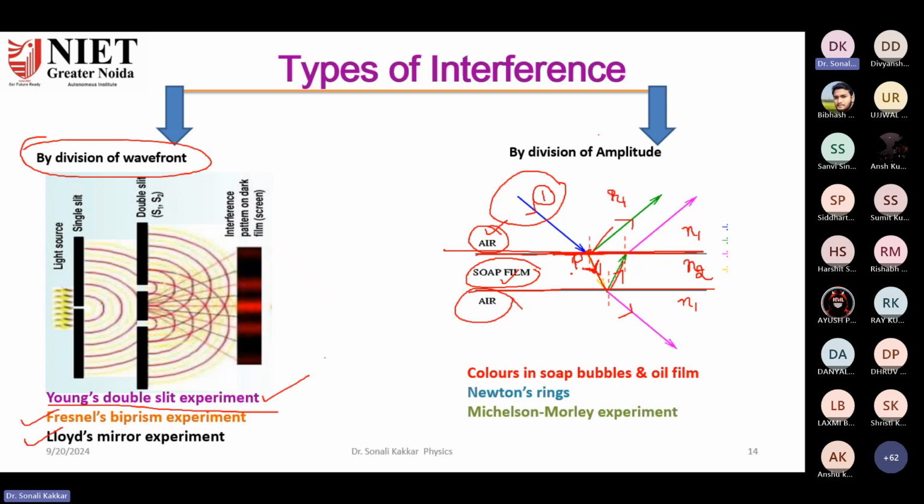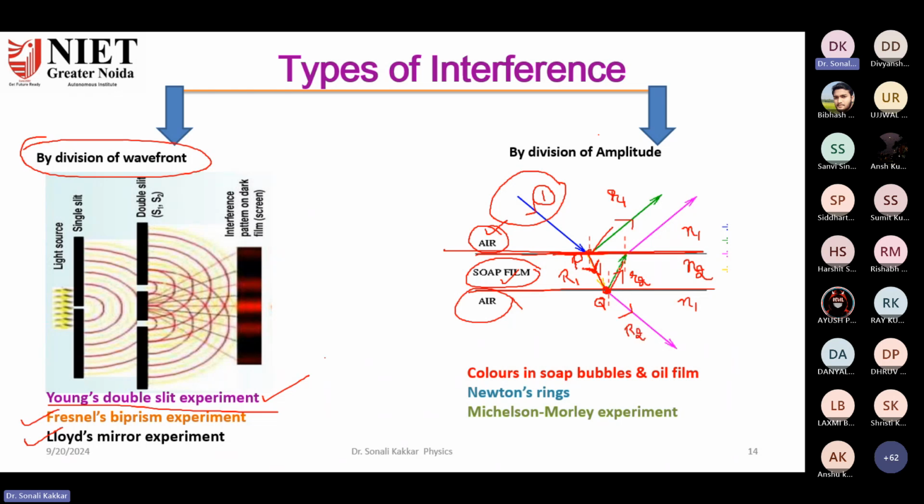Then this ray R1, when it strikes the second interface between soap film and air at point, let's say this point Q, it again undergoes partial reflection and partial refraction. Partially reflected ray, let's denote this ray by R2, and partially refracted ray, let's denote this ray by R2.